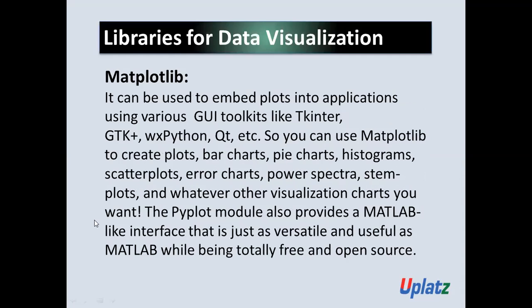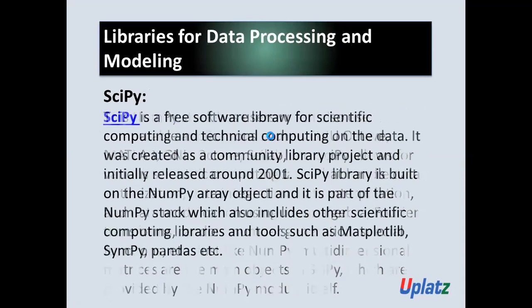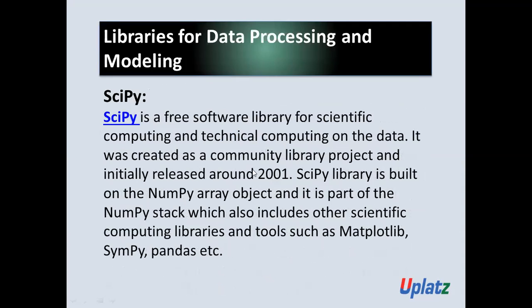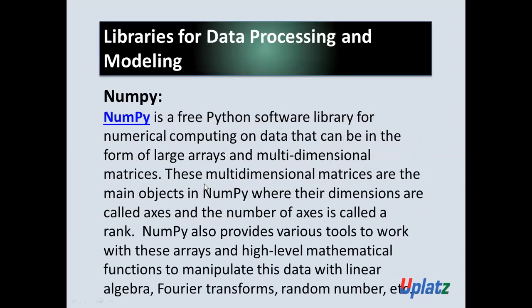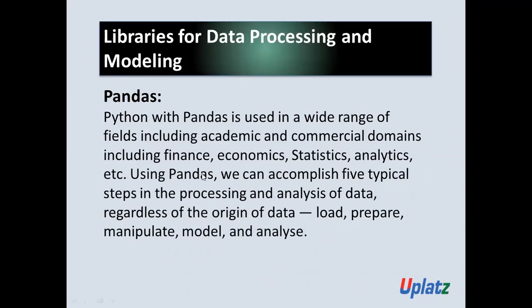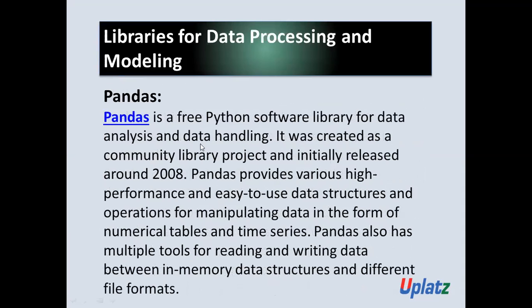Pandas is useful for data analysis and data handling. NumPy is used for numerical computing. SciPy is useful for scientific computing. SciPy is a free software library for scientific computing and technical computing on data, whereas NumPy is a free software library for numerical computing on data, and Pandas is a free Python software library for data analysis and data handling.